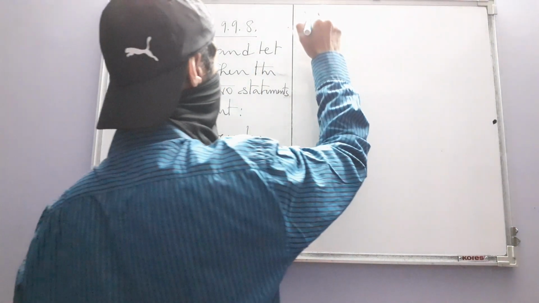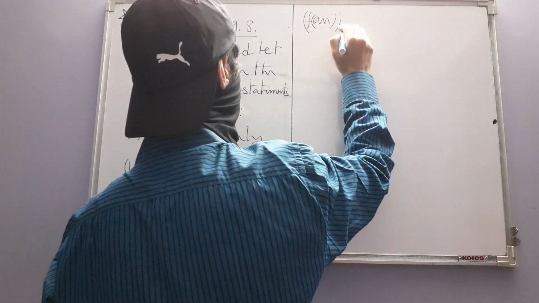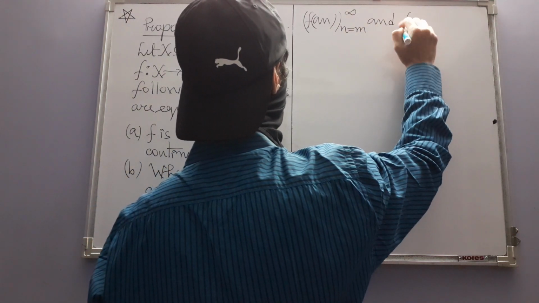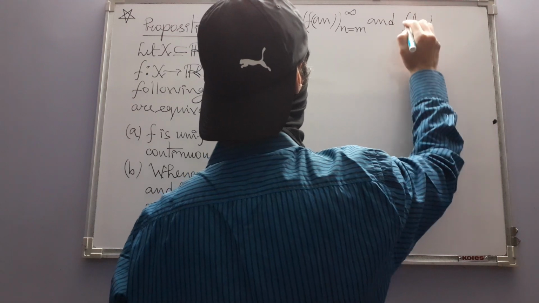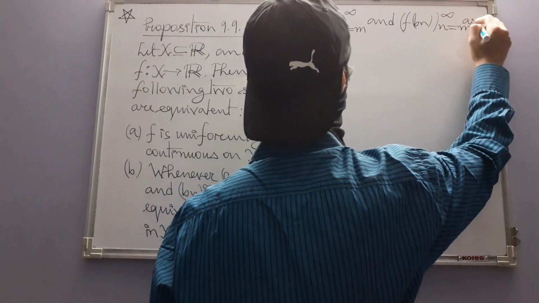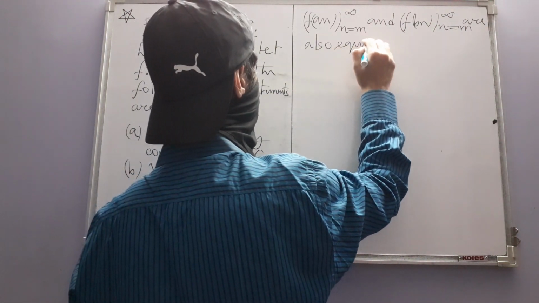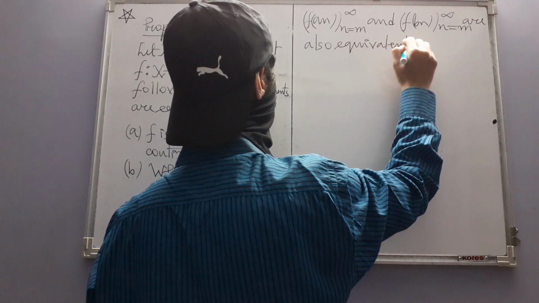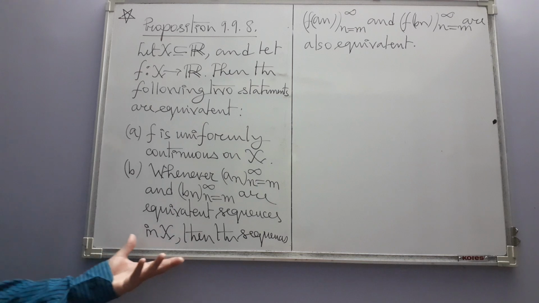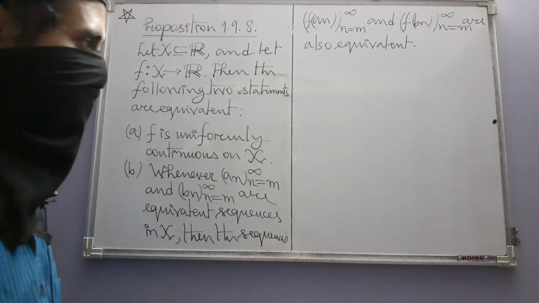Then the sequences f(a_n) and f(b_n) are also equivalent. So this is a necessary and sufficient condition for a function to be uniformly continuous.